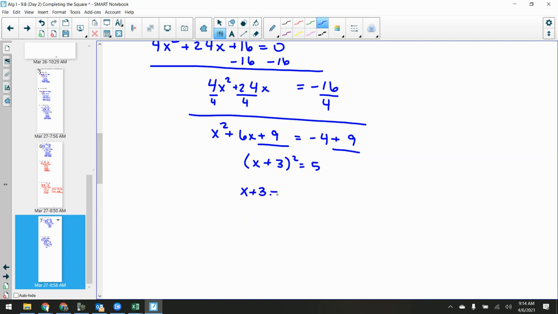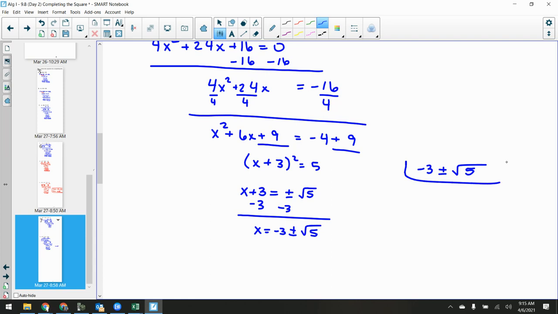X plus 3 is equal to plus or minus the square root of 5. We leave it like that for right now. We subtract over the 3. Negative 3 plus or minus the square root of 5. That's one answer. That's what I would call my radical answer.